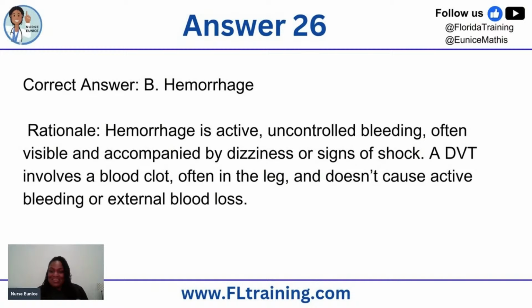So that's right, Travis and Christine and Kimberly, and I think it was Jackie. Yeah, that's hemorrhaging. So hemorrhage is active, uncontrolled bleeding, often visible and accompanied by dizziness because they don't have any blood flow to their brain, signs of shock. Meanwhile, a DVT is a blood clot that's often in the leg and does not cause active external bleeding.